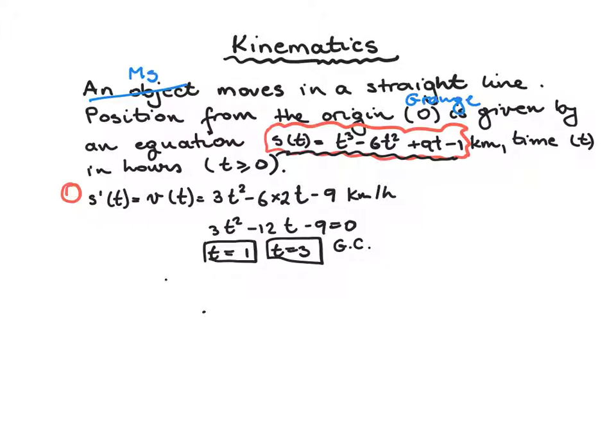The next thing we're gonna do is to find acceleration, and acceleration is the first derivative of velocity, the rate of change of velocity. The first derivative is gonna give us 6t take away 12, in kilometers per hour squared, and this is equal to 0.